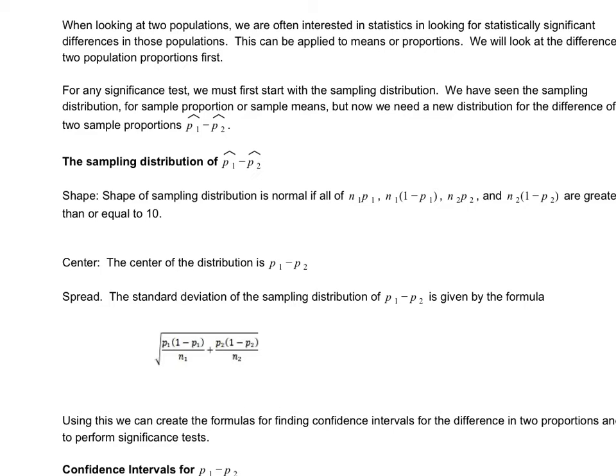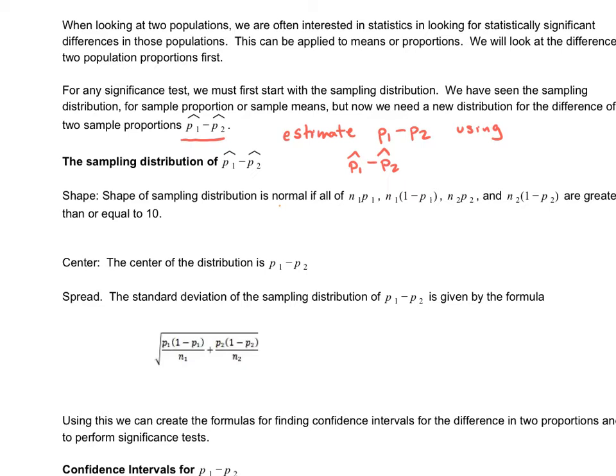So our difference is actually subtracting two sample proportions. We call that P1 hat minus P2 hat. So we're going to try to estimate the difference between P1 and P2 using P1 hat minus P2 hat. And that is going to be the goal of these problems.